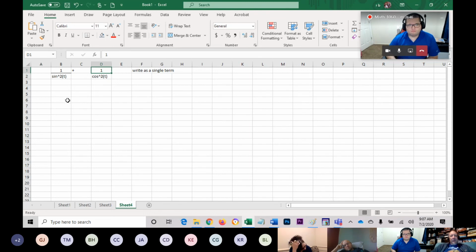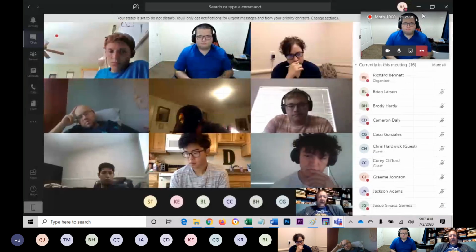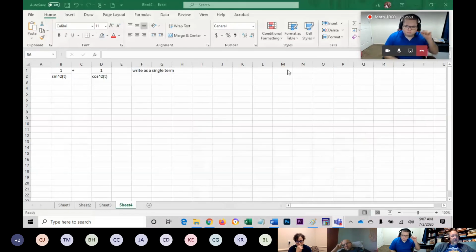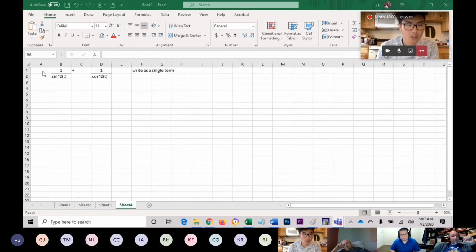So how would you guys go about getting a common denominator? Let's see here. It must be Cameron Daly's turn. How would you get a common denominator? Times the 1 over sine squared of t by cosine squared of t, and then times the 1 over cosine squared of t by sine squared of t. Oh, yeah, they're both sine squared and cosine squared.